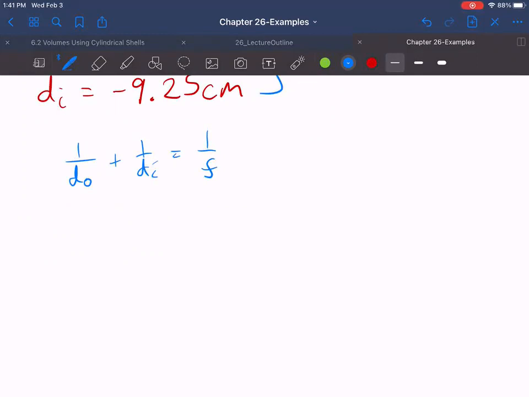If I combine these two together, I'll get DO times DI over DI plus DO equals F. So I took the reciprocal, combined those into one fraction, and then took the reciprocal. We all agree with it? The common denominator is DO times DI, right? So I multiply this one by DI over DI, and I multiply this one by DO over DO. Correct?